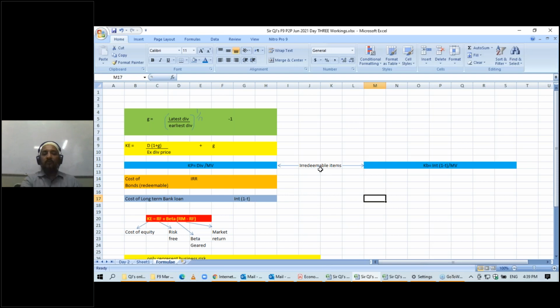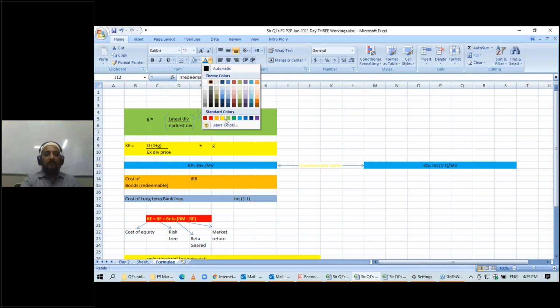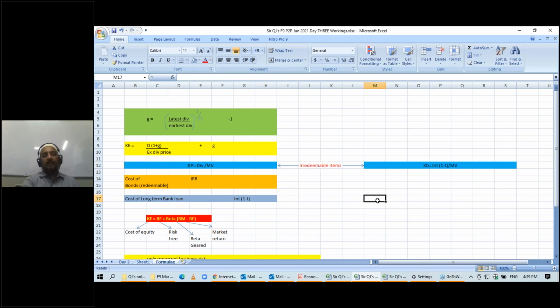So in case of irredeemable items, the formula will be as follows, right? Cost of preference shares is dividend divided by market value, and cost of bond, if it is irredeemable, is interest times 1 minus tax rate, divided by market value, and IRR is used in case the bond is redeemable.